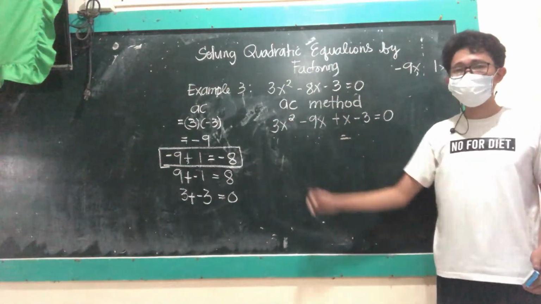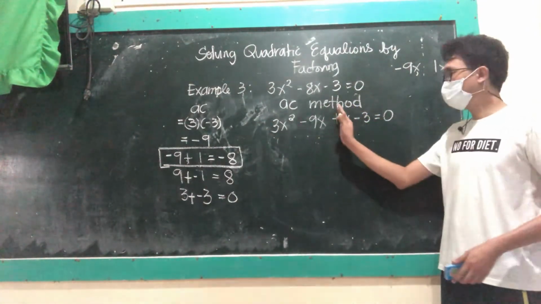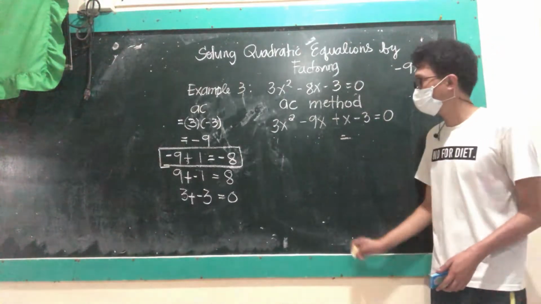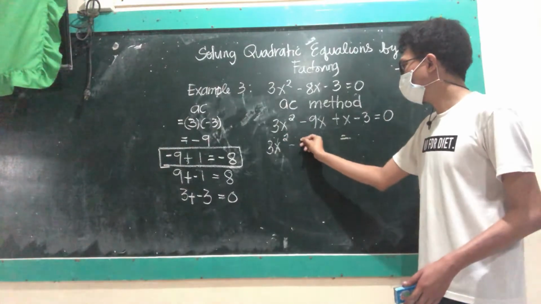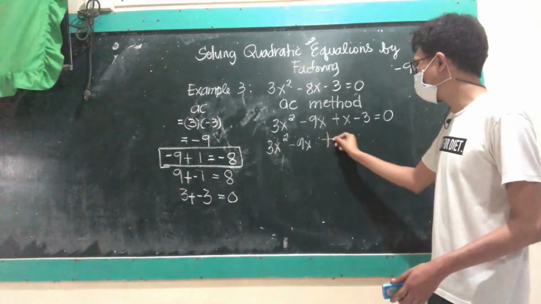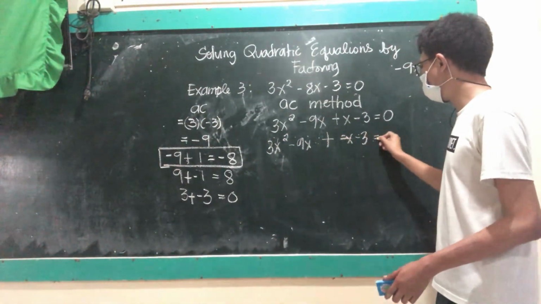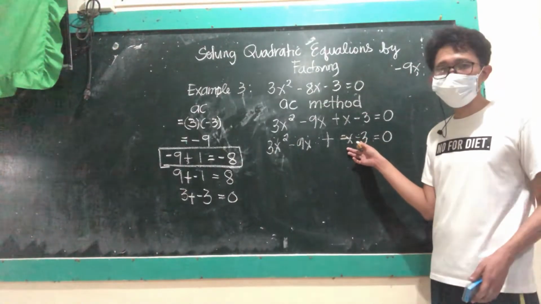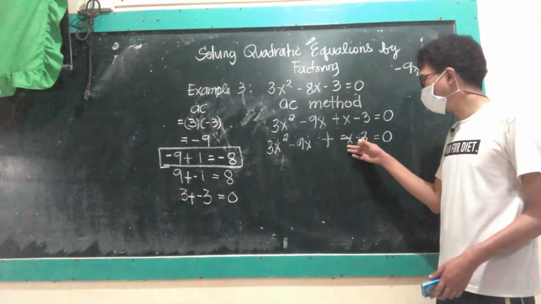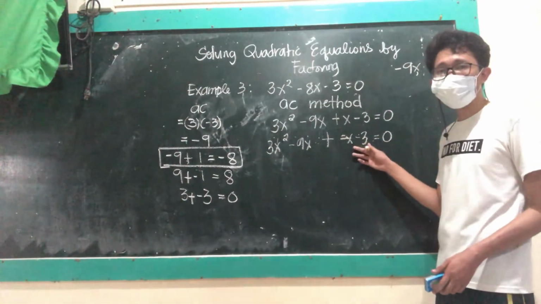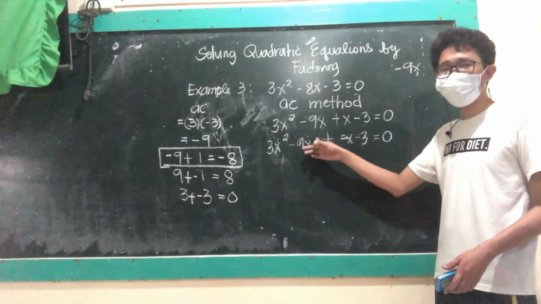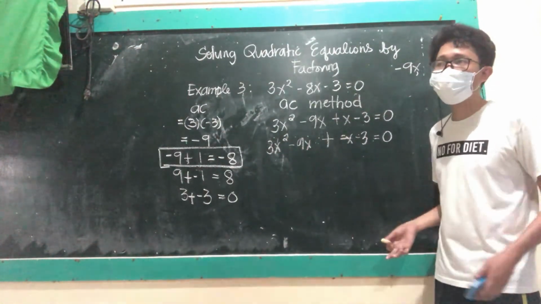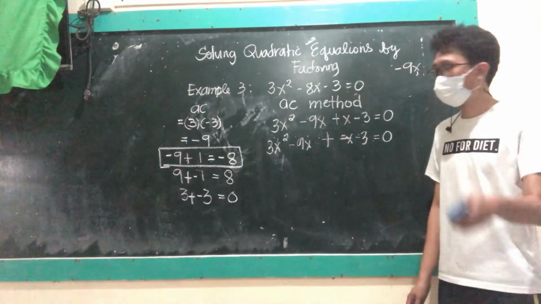The first two terms will be one group and the last two terms will be another group. So in this case, we have 3x squared minus 9x plus x minus 3 is equal to 0. We will not be able to factor the second group further since x minus 3 is already a prime factor. But 3x squared minus 9x, we're going to factor using the common monomial factor.